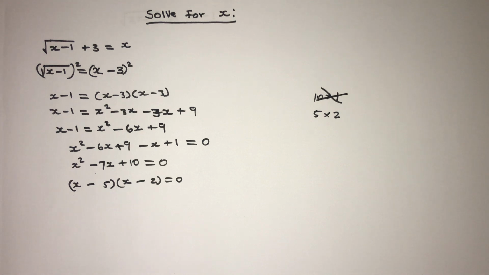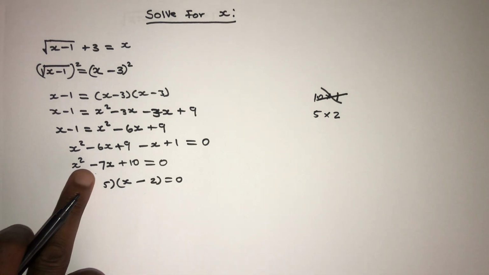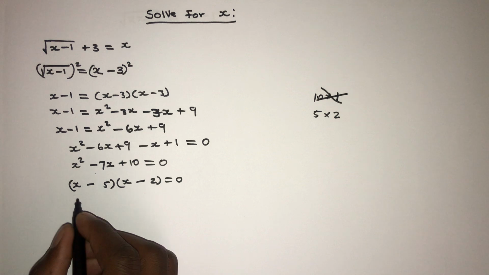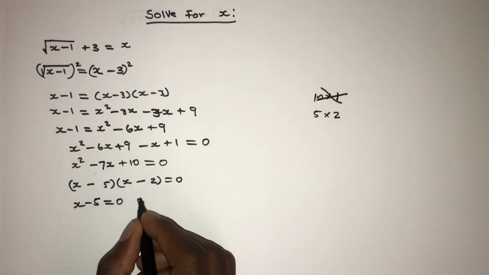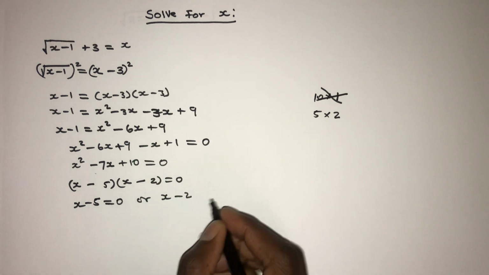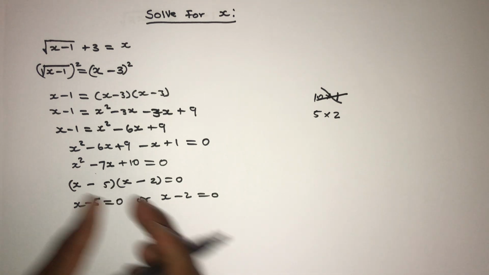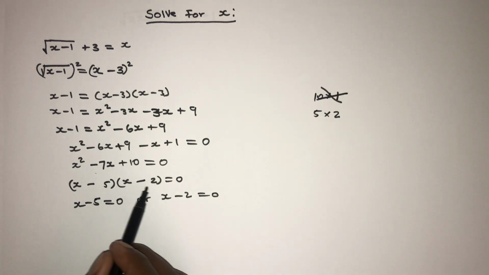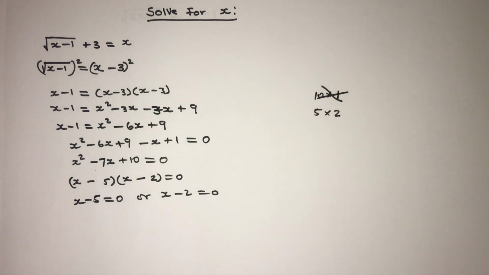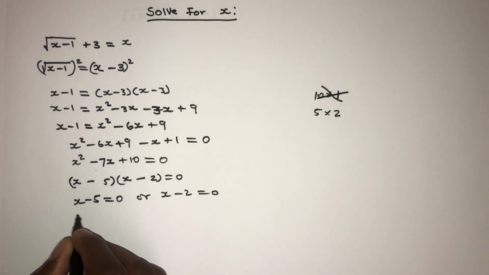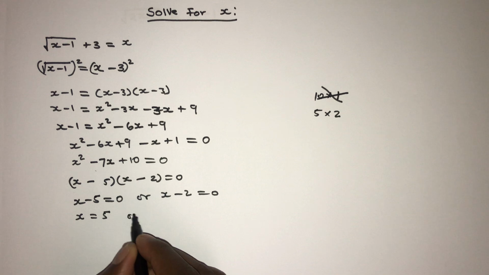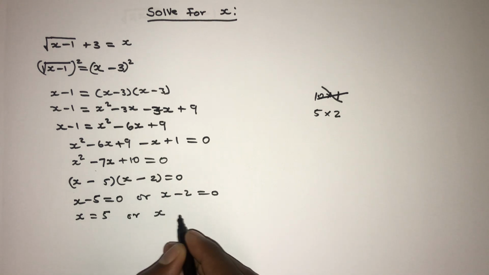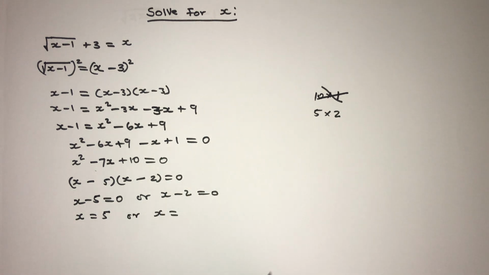So minus 5 plus minus 2 gives us minus 7. Now let's say x minus 5 equals 0, or x minus 2 equals 0. We take 5 to the other side, it becomes positive 5, or x is equal to 2, taking this 2 to the other side, it becomes positive 2.